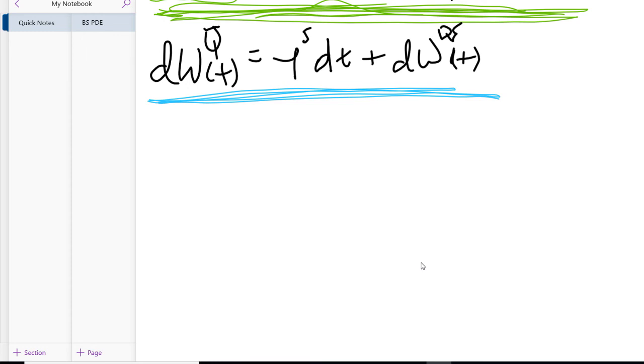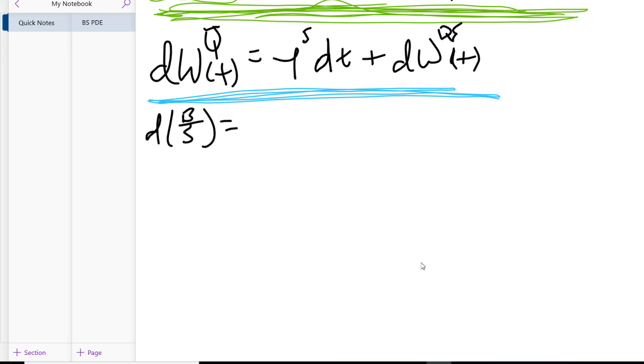So, with that in mind, we can find the Girsanov kernel by filling this in.